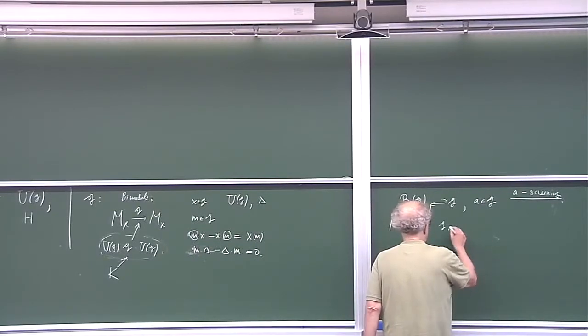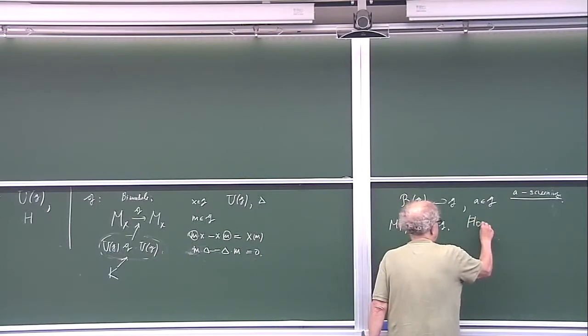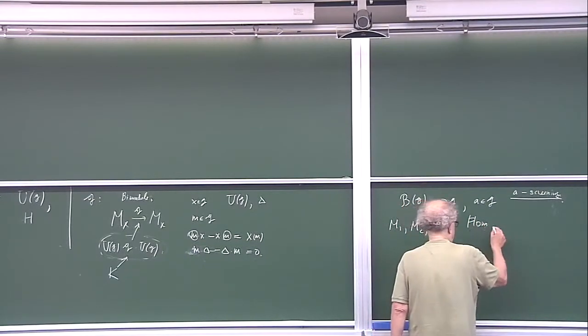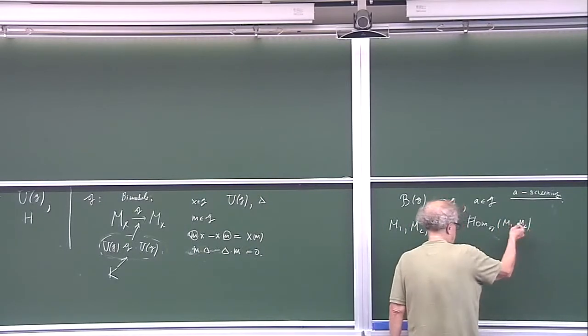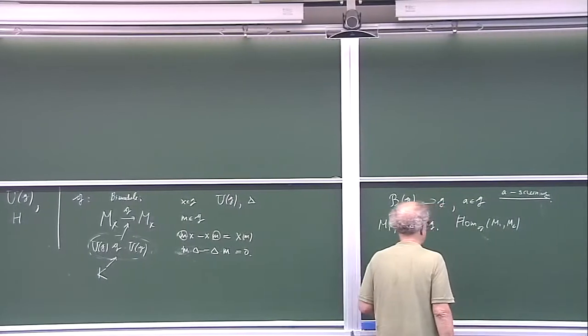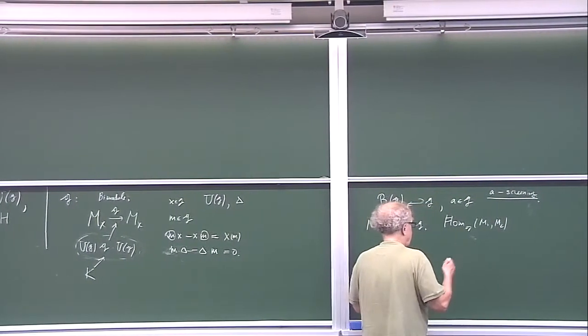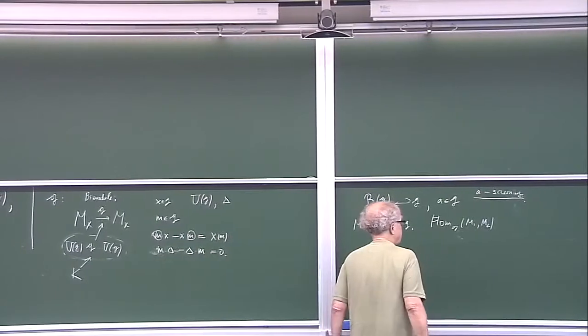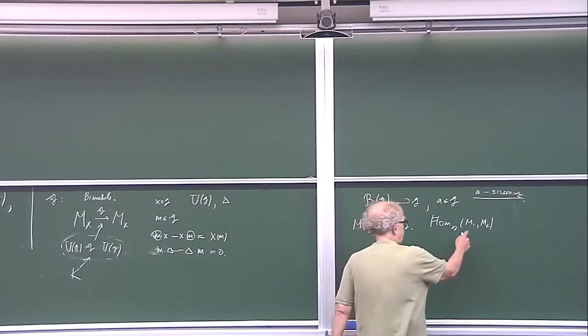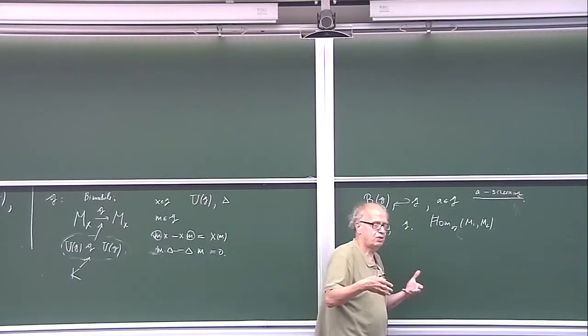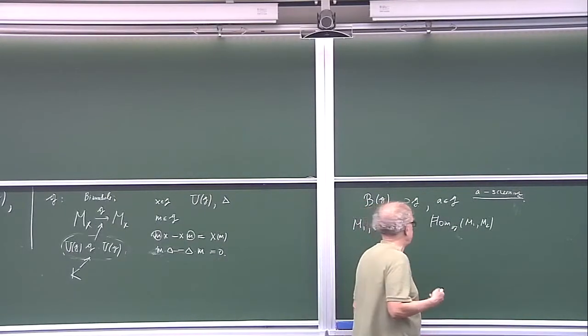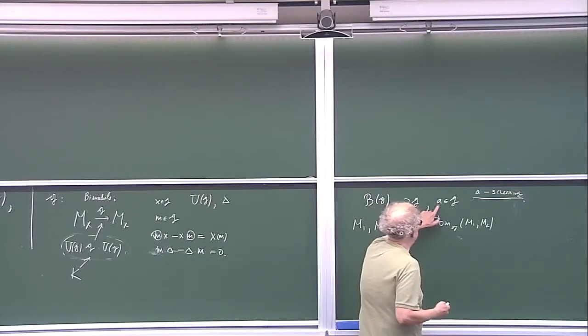If I have M1 and M2, then we surely have the space of G homomorphisms from M1 to M2, and this is the morphisms in our category of representations, and I want to extend this space. I want to add some additional maps from M1 to M2, and they will be new homomorphisms in some category. And this is done with the help of this A.